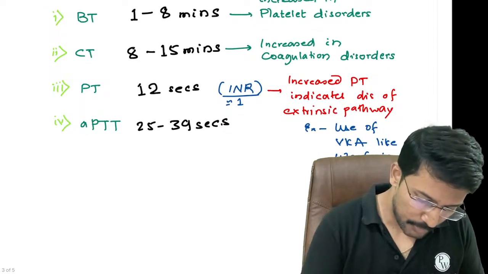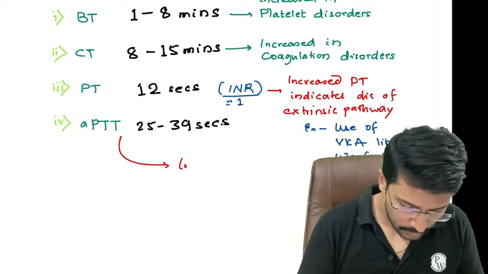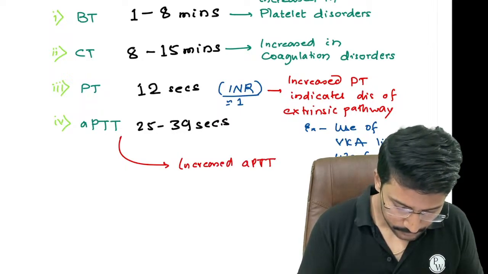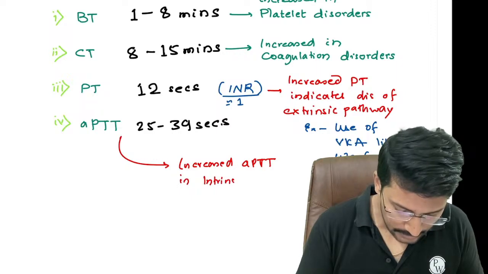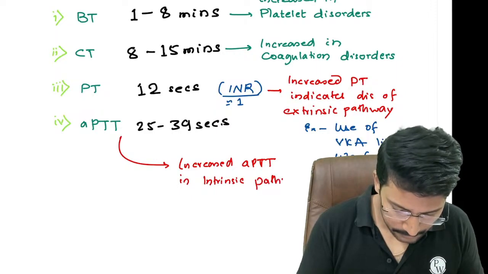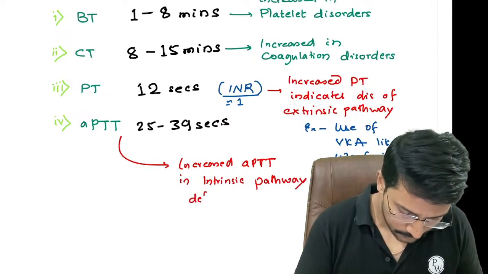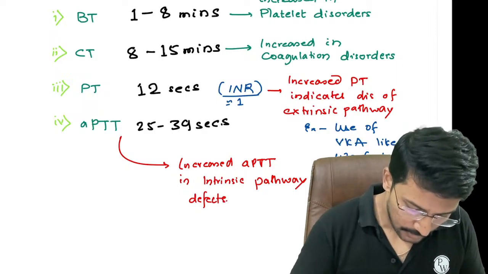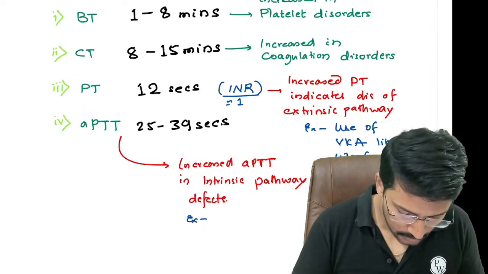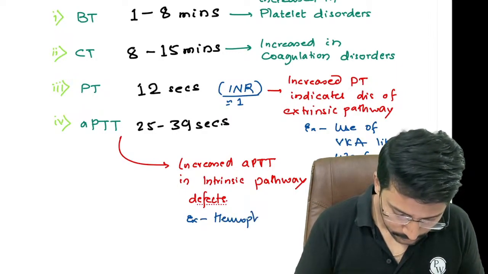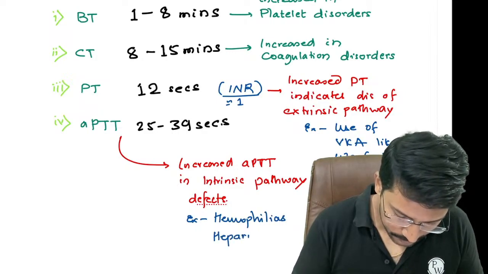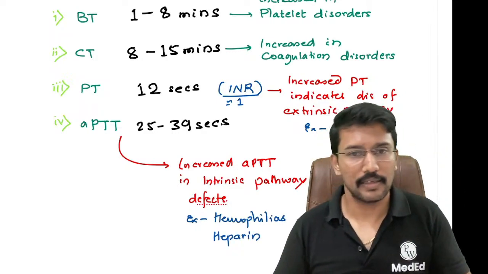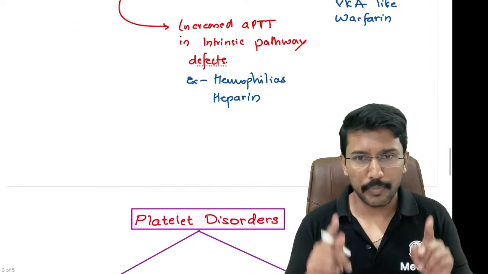Okay, and an increased aPTT indicates intrinsic pathway defects. Examples we are quoting here are hemophilias and heparin. Okay, so that's a basic approach.